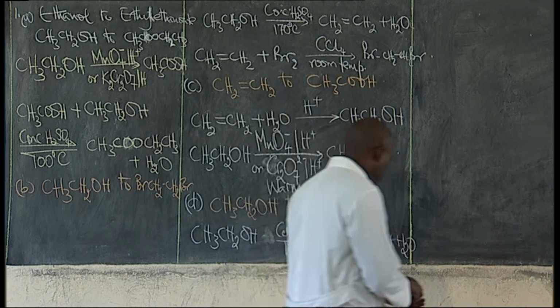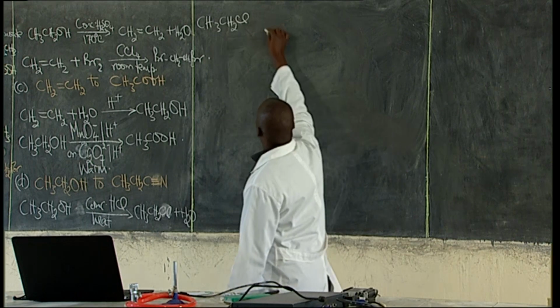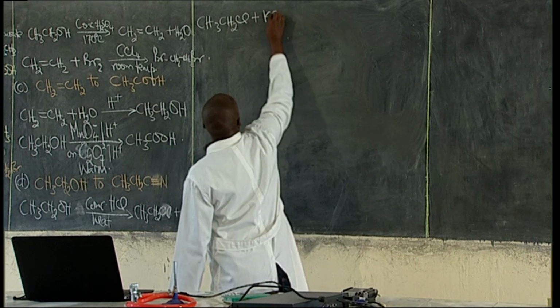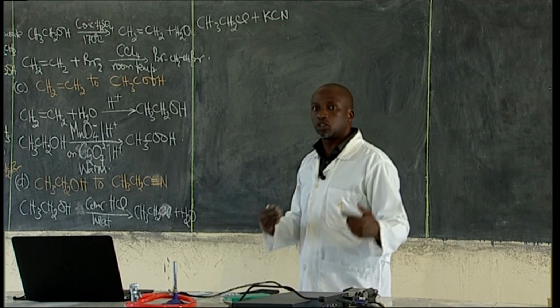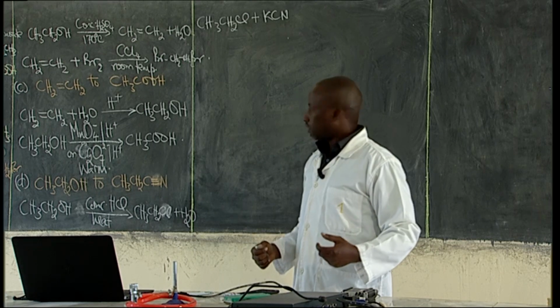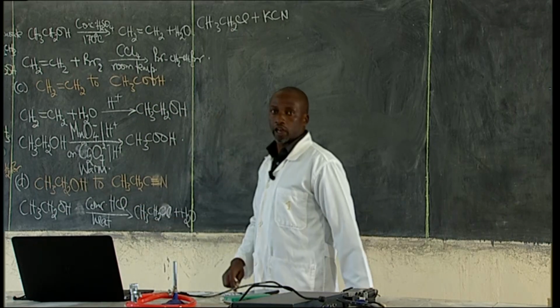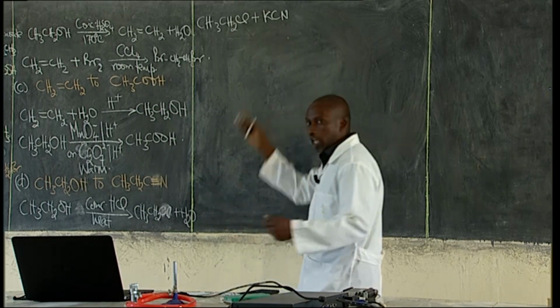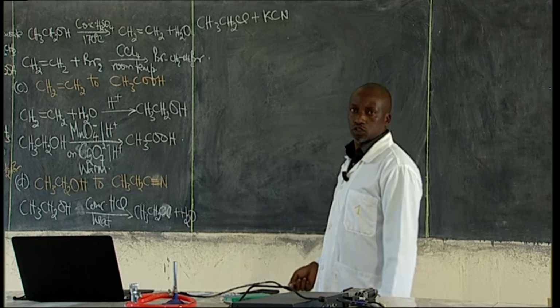So after getting the alkyl halide, that is CH3CH2Cl, what we do is this? We'll add potassium cyanide. When you add potassium cyanide, you see there is an increase in the number of carbon atoms, from ethanol with 2 carbon atoms to propane nitrile. This is nucleophilic substitution.